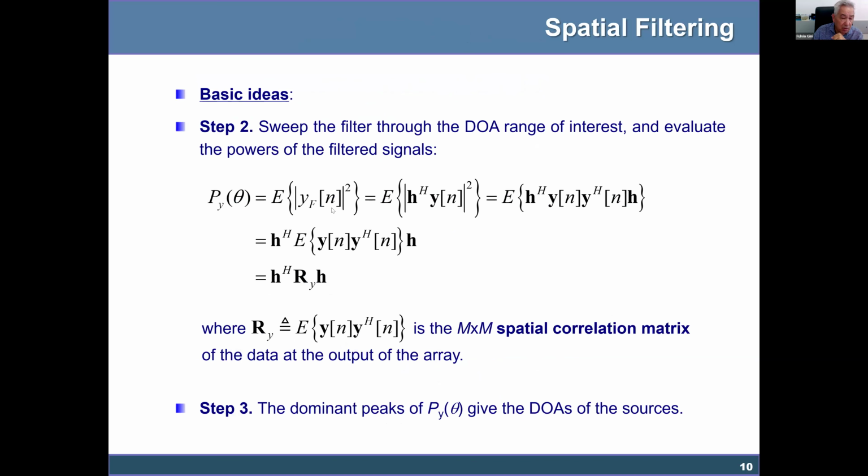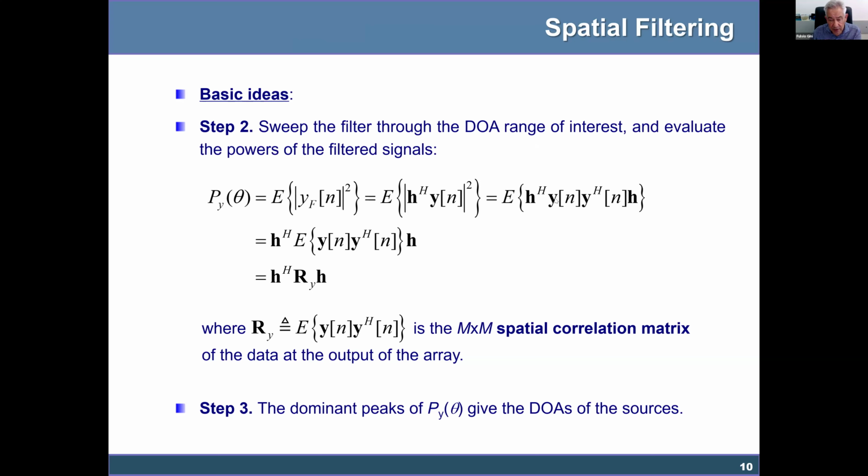How do we calculate the power of the output for a given theta? It is the expectation of the modulo square of the output. So it is the expectation of the modulo square of H Hermitian y of n. Now the modulo square can be expressed in this way: H Hermitian y, that multiplies the Hermitian.